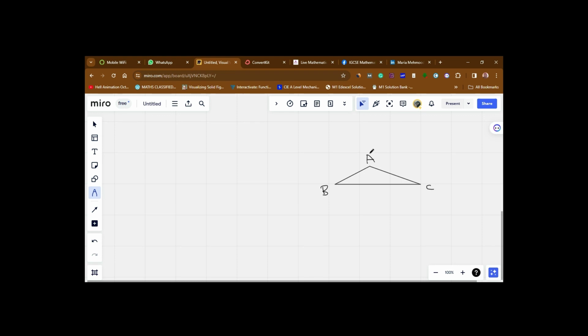Presently it is capital A, so the opposite side to this vertex A is BC, so I can represent my BC length by small a. The side which is right opposite to vertex B is AC. I represent this length by small b. Similarly, the side which is right opposite to vertex C is AB. I am going to represent it by small c. That's what we normally study in the theory of trigonometry. You can use any representation you want, but I'm just picking up the representation that is normally used.